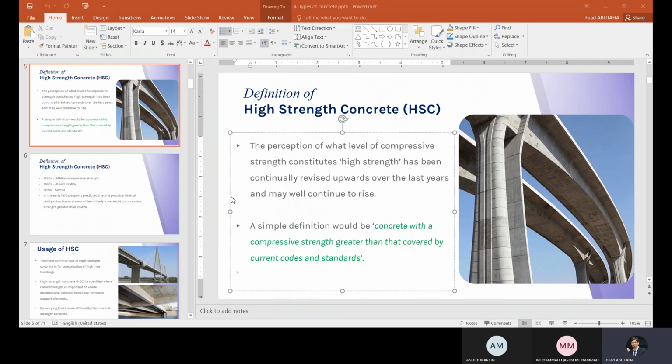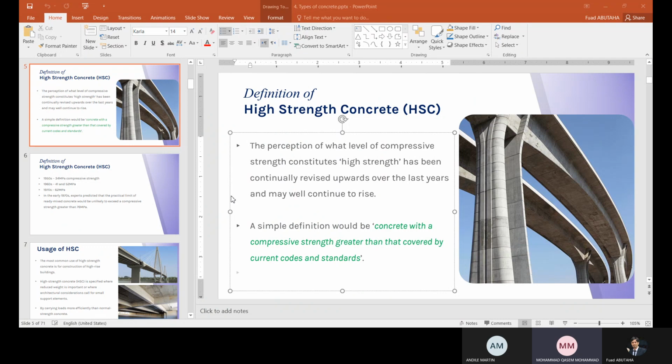Okay, if I have two mixes, different question, with the same mix proportion, the same mix design, and I use a water to cement ratio of 0.3 for the first one, and a water to cement ratio of 0.4 for the other one, if we compare them together, which one will give higher compressive strength?